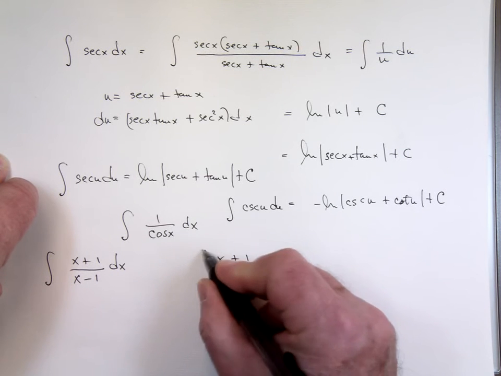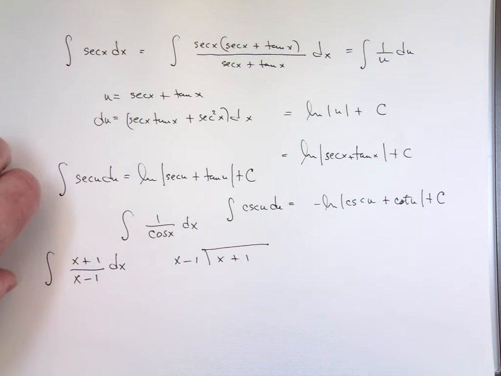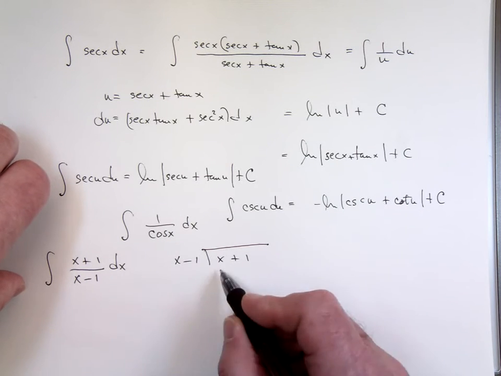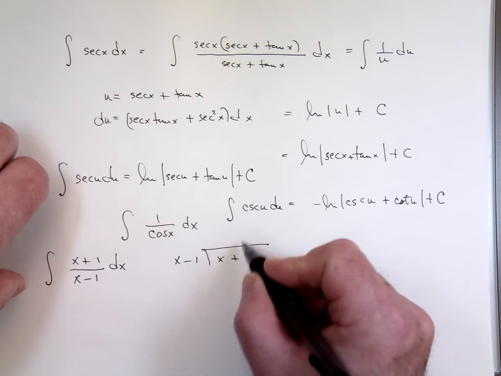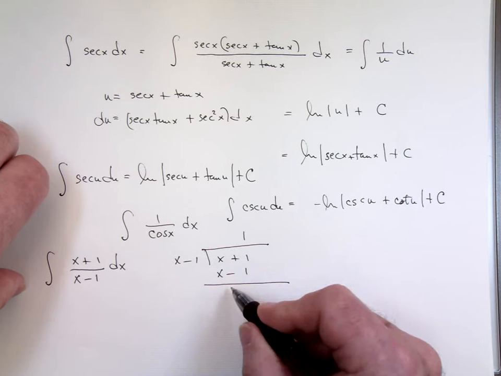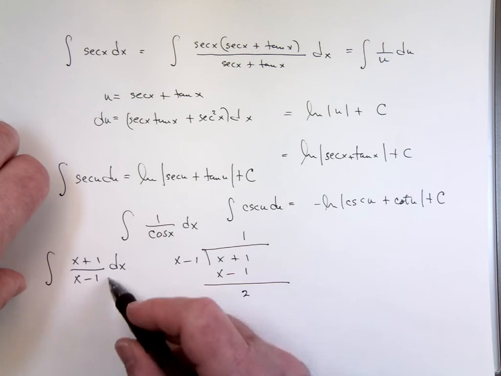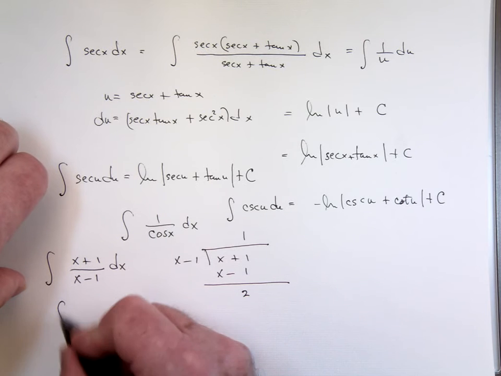What times x is x? 1. Subtract 1 minus a negative 1, 2. This becomes this integral: 1 plus 2 over x minus 1.